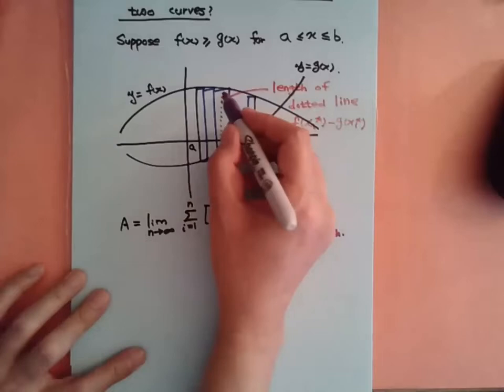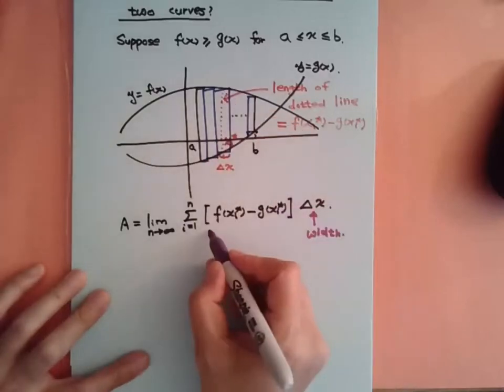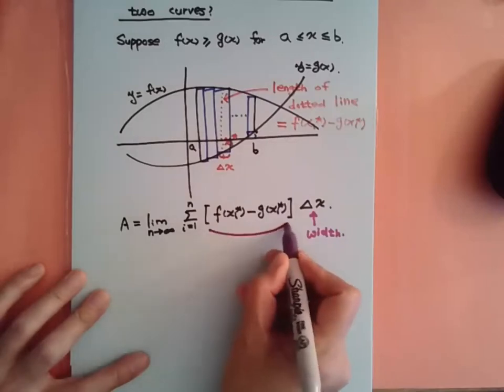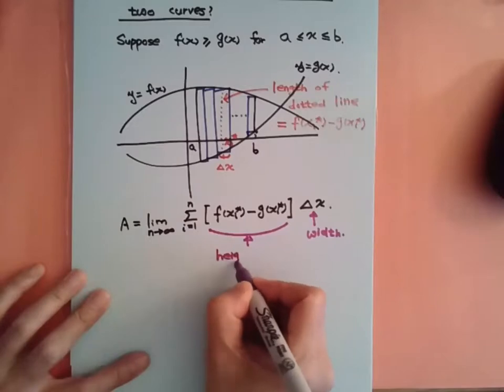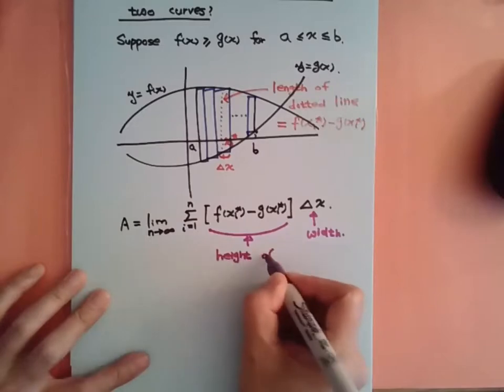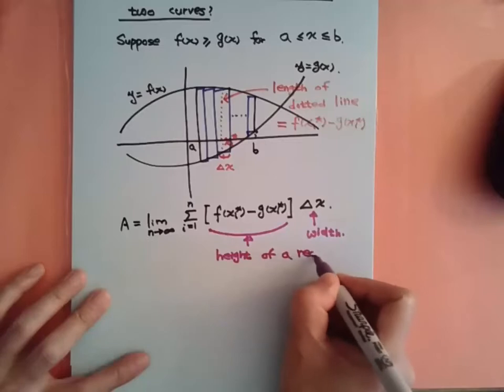And the length of the rectangle is the difference of two functions, so that is the height of a rectangle.